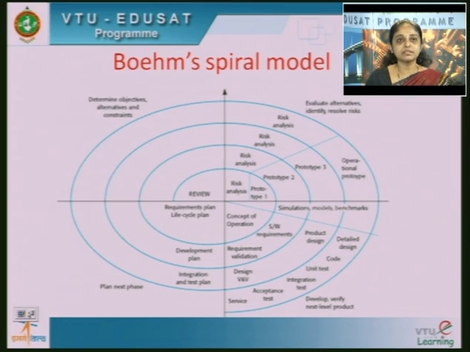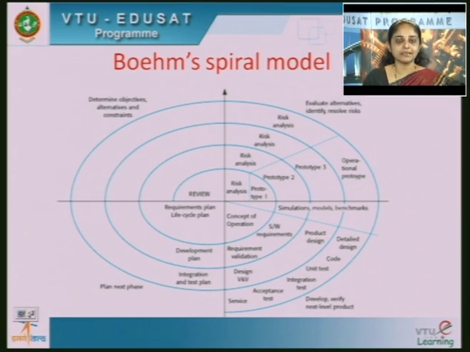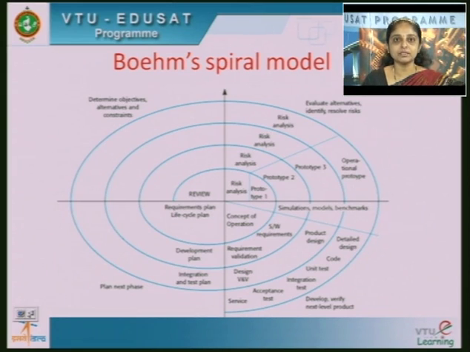This spiral model is famous because it incorporates risk analysis at every phase of software development. So you identify risks in the software development and then give a solution to them in the very next phase. Then, okay, the risk analysis is done.